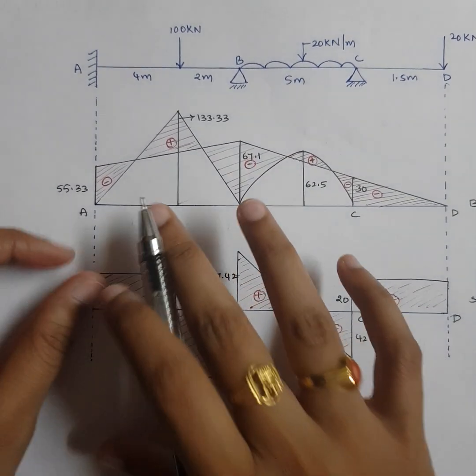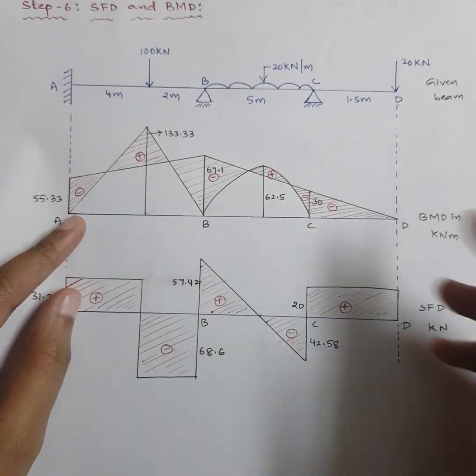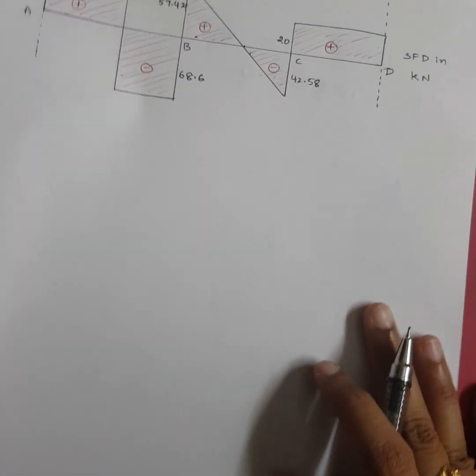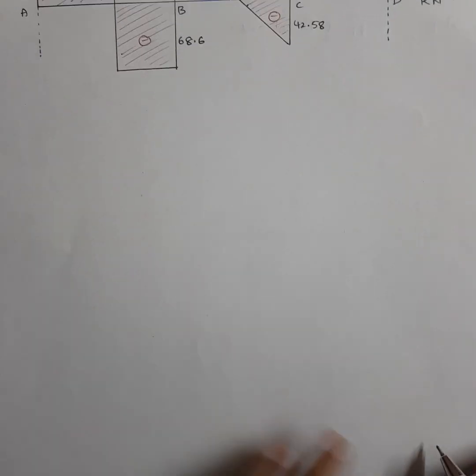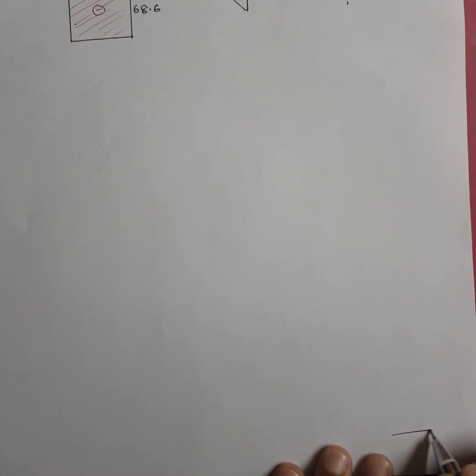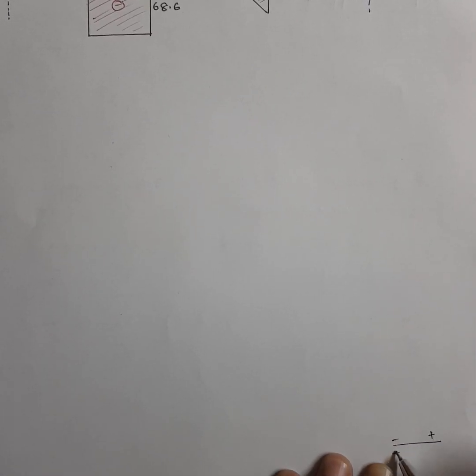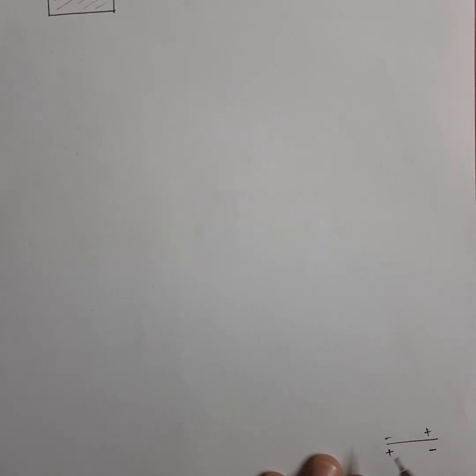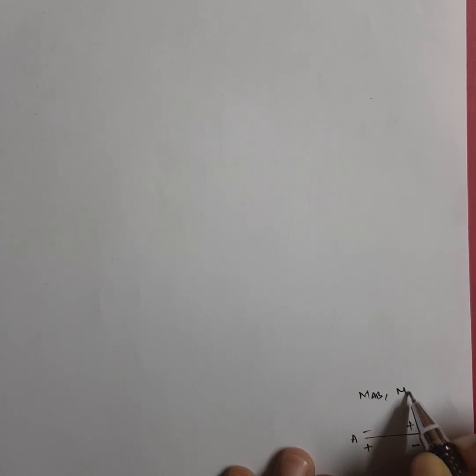Next, remember one sign convention here. If you take this as your beam or whatever span you are drawing, just remember this sign convention for drawing a bending moment diagram. For the moments, when you are going from left to right, for example if this is A and B, we have two moments, right? MAB and MBA, correct?